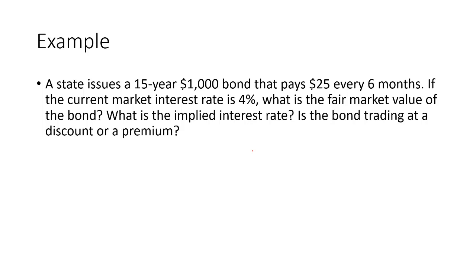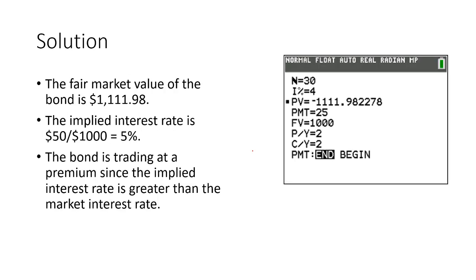So we're just going to use the calculator for this. And so what we have here is 15 years times 2 payments a year, so N equals 30. The interest rate given to us in the problem, the market's interest rate, is 4%. The periodic payment is $25. The face value of the bond is $1,000.